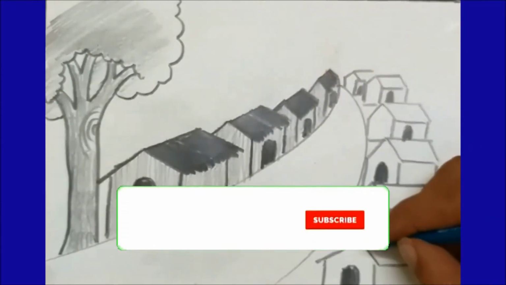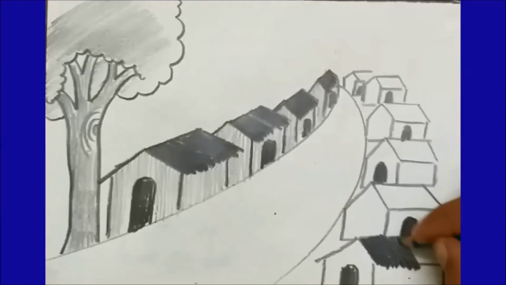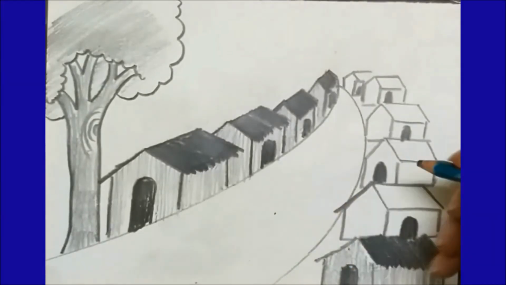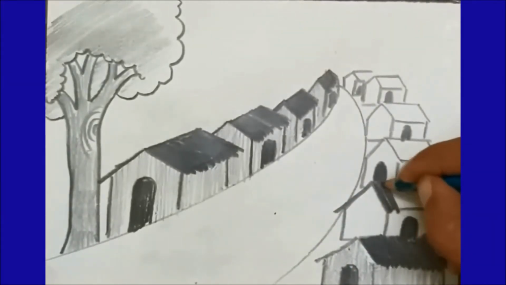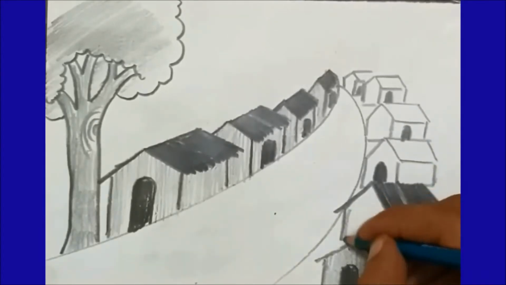Now same thing, dark on a roof and light on my walls. Same thing here, dark on a roof and light on the walls.